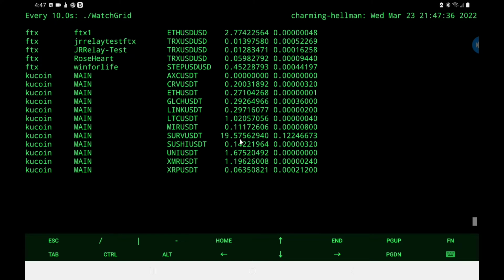Now with this particular coin, Serve, it has an insane volatility right now. And I'm currently around $230 worth in my holdings. So when my profit equals my holdings, I will have break even. That is, my realized profits will cancel out my unrealized losses if I were to sell.